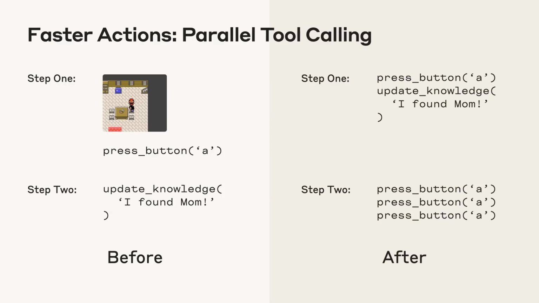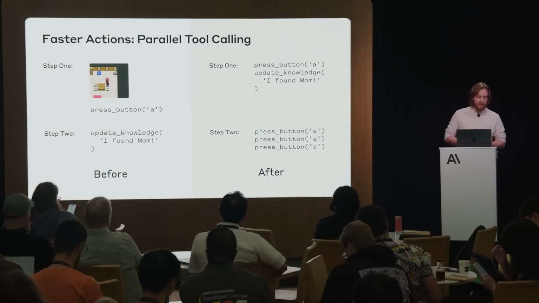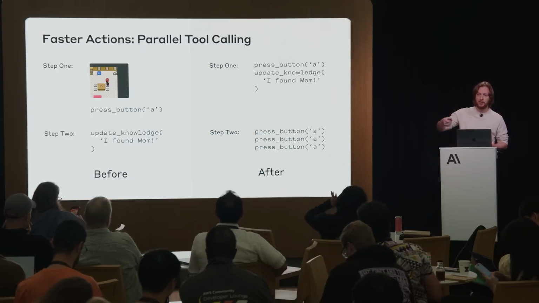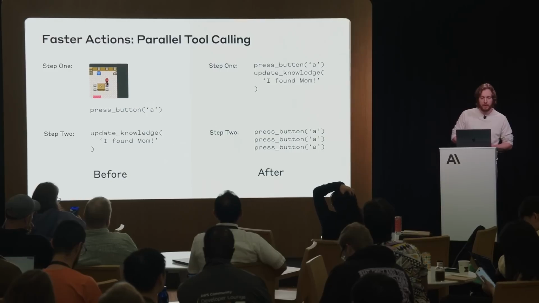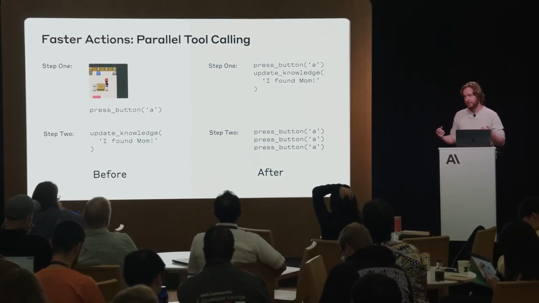Similarly, we have parallel tool calling, more of an efficiency gain. In the past, when you're sitting there waiting to talk to mom, the model would press A, talk, and then if it wanted to update its knowledge base to keep track of where it found mom, it would have to take a whole other action, call out to Claude again, wait for the time to first token to hit, and make that change. With parallel tool calling, it can do both things at once.